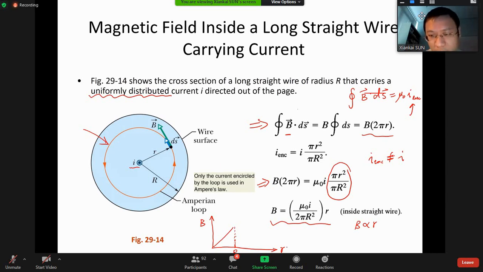Once small r is equal to big R, this point is on the surface of the wire. And then after that, when small r is bigger than big R, it follows an inverse relationship.